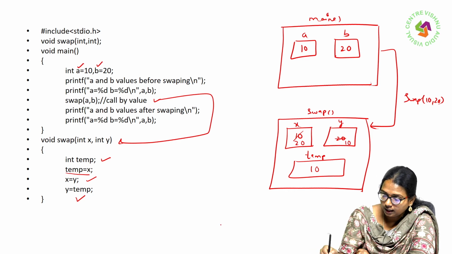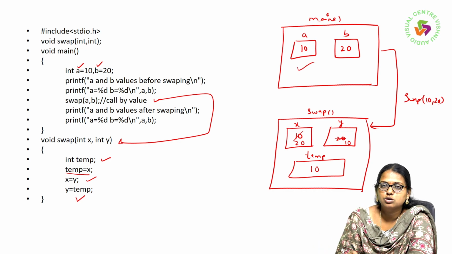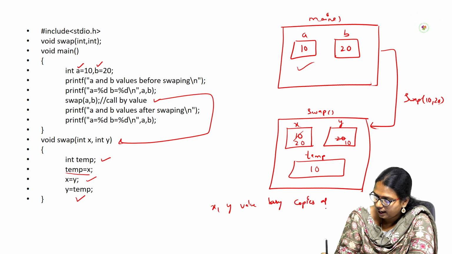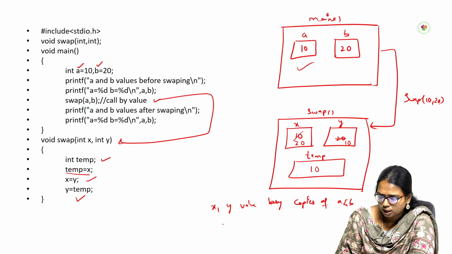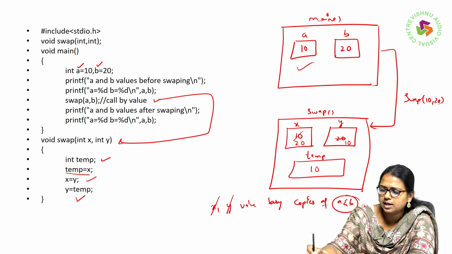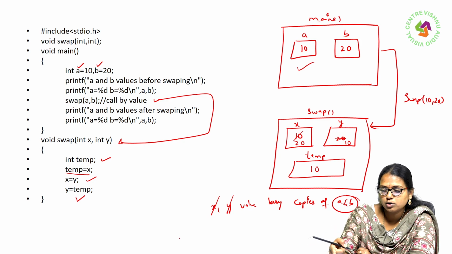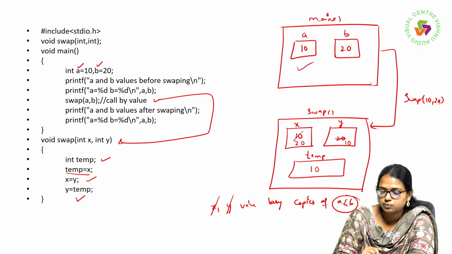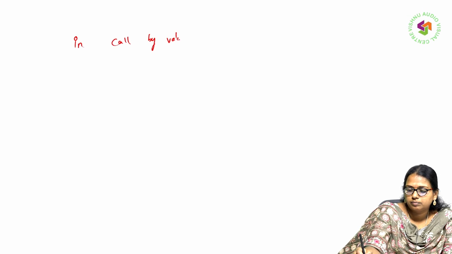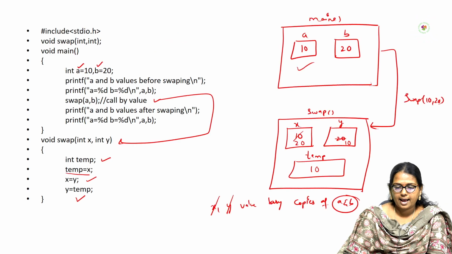Now see, here it is swapped, but the original values are not swapped, because x and y are copies of a and b. We are changing only x and y, not a and b, so it doesn't affect them. That's why the values of a and b are not swapped. So by this we can conclude that in call by value, I think you know what formal and actual arguments are.